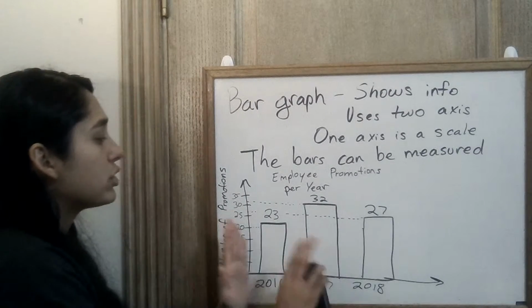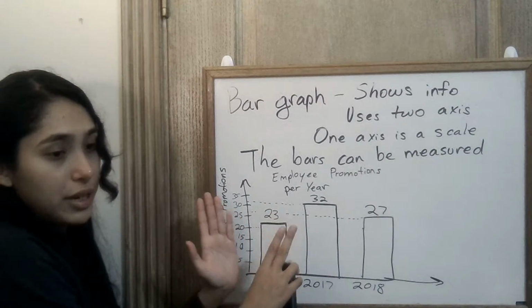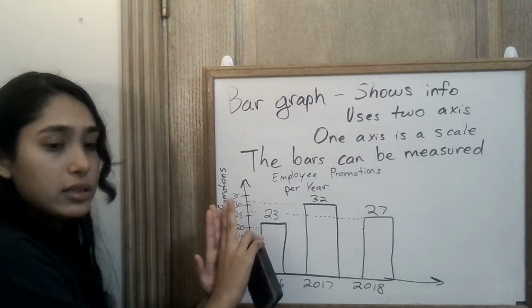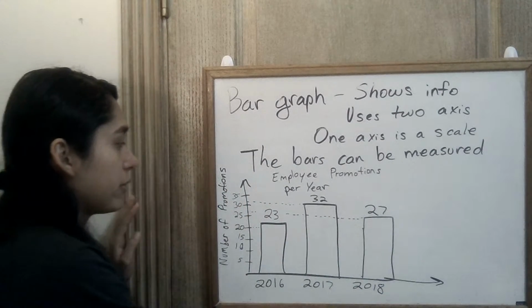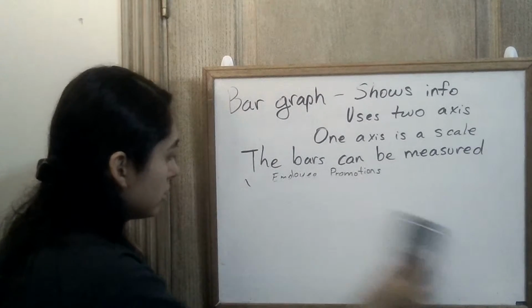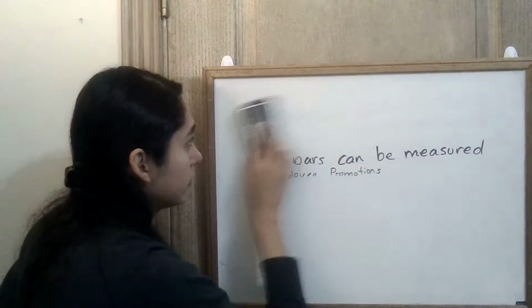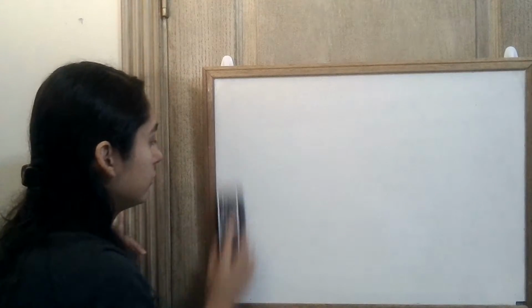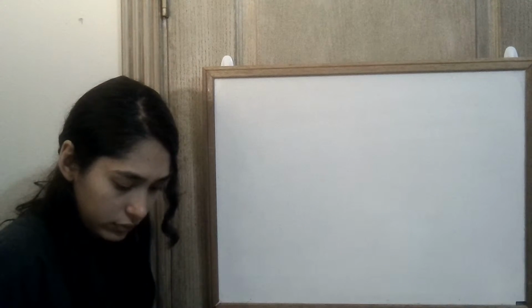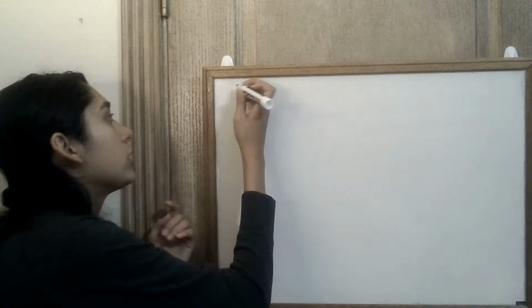You're actually going to see 2 different bars next to each other, hence the name double bar graph. But each bar is going to symbolize different things. So let me erase this. So the double bar graph.